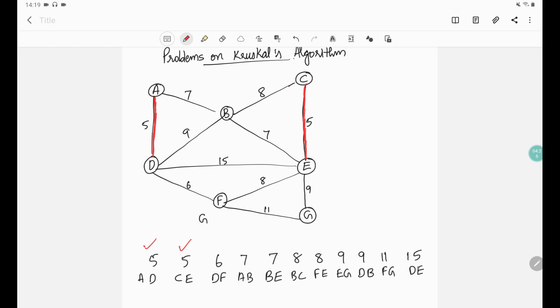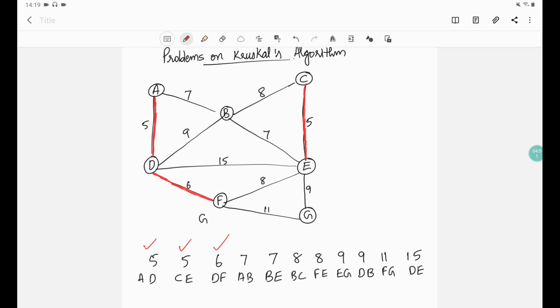No circuits are formed. The next edge that should be considered is edge DF, which has weight 6. Edge DF can be added to the spanning tree. It will not create any circuit. Therefore DF can also be added to the spanning tree.